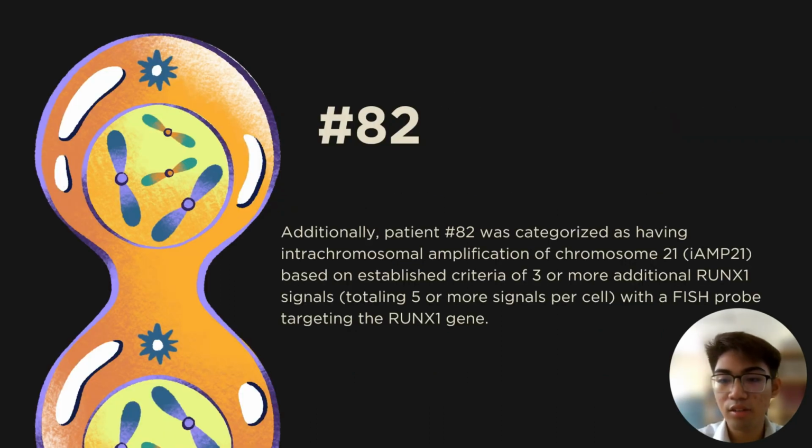Additionally, from the result of the iFISH analysis, patient number 82 was categorized as having an implication on chromosome number 21. And this is based on an established criterion of 3 or more additional RUNX1 signals with a FISH probe targeting the RUNX1 gene.